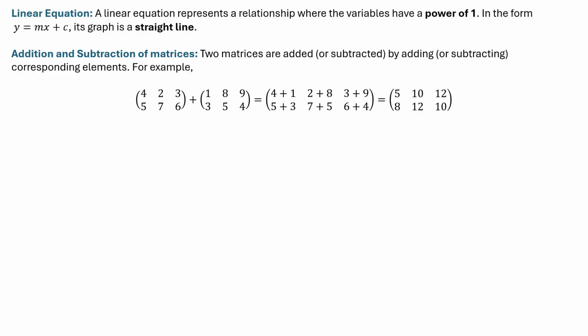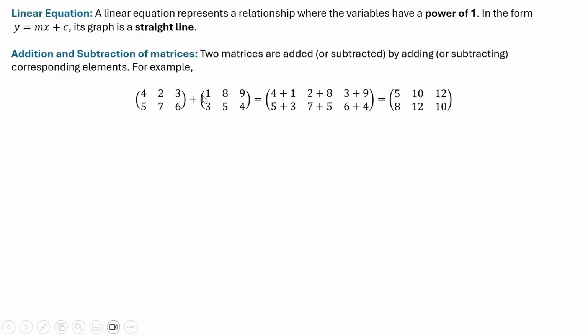Now I'm going to show you some basics of matrices, like how we add or subtract, let's say, 2 or 3 matrices. These are very easy. If you can see, these two are in matrix form, and you want to add them up. So what are we going to do? This 4 and this 1 will add together.